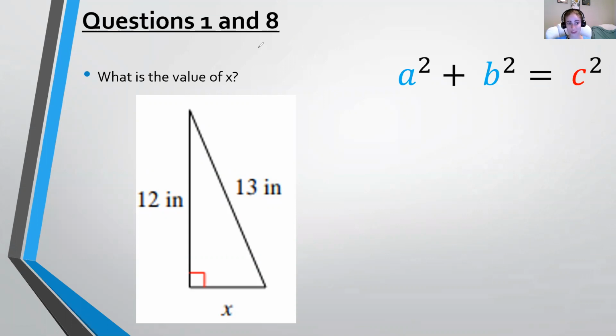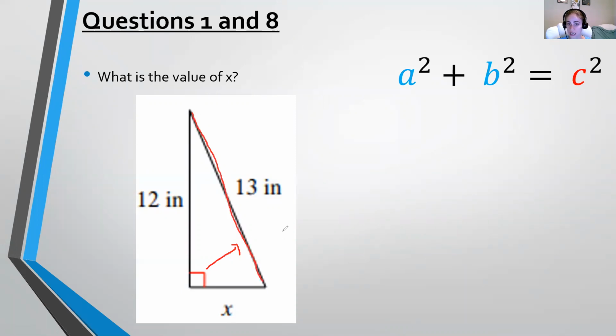So I always start with the hypotenuse. The hypotenuse, remember, is the side that is across from your 90-degree angle. So right here we have our 90-degree angle. So straight across from that would be this side.